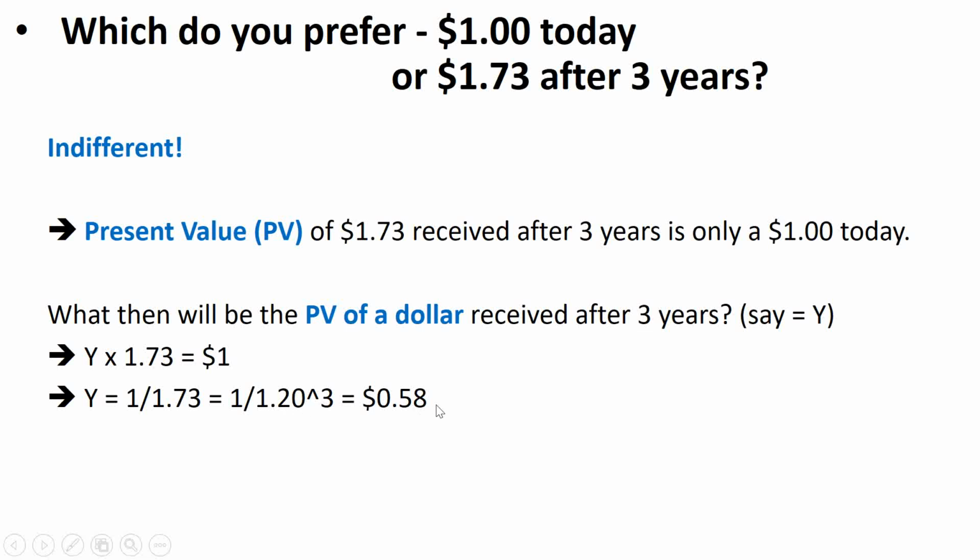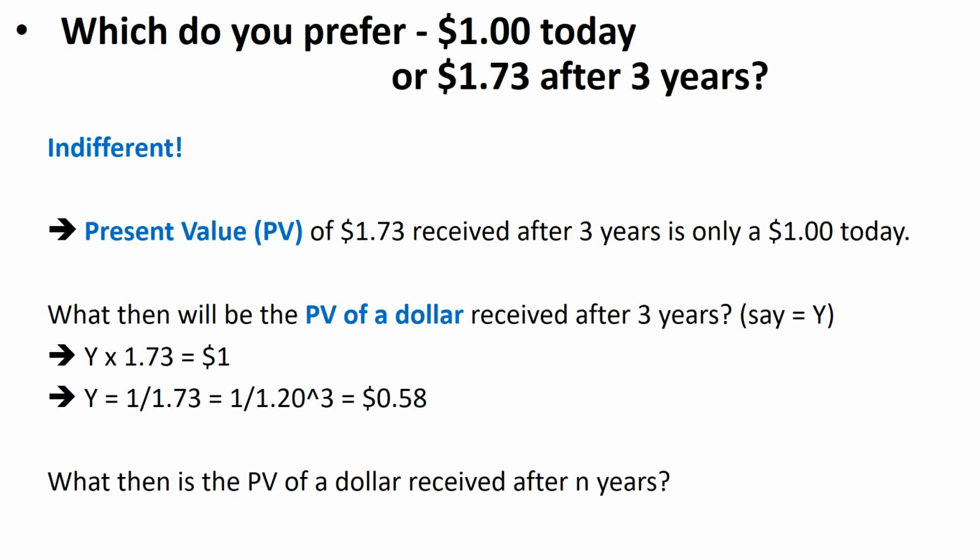That's 58 cents. So you can see, if you have only $1 to surrender to the bank, the bank will give you only 58 cents today. In other words, the present value of that $1 after 3 years, when you can borrow at 20%, is only 58 cents, because that's what you can borrow against that dollar.